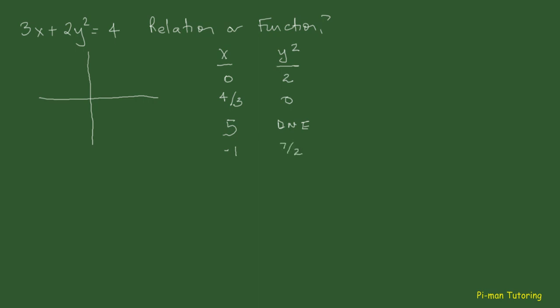Let's see if that's given us enough points to plot this thing. When x is 4 over 3, y squared is 0, so that means y is 0. So 4 over 3. And when x is 0, y squared is 2. Now, if y squared is 2, that means that y must be the square root of 2, plus or minus.